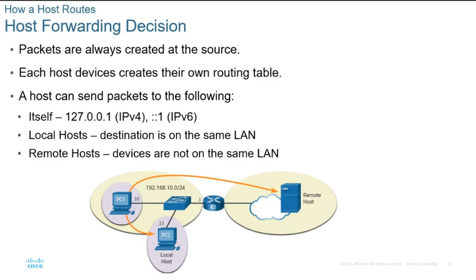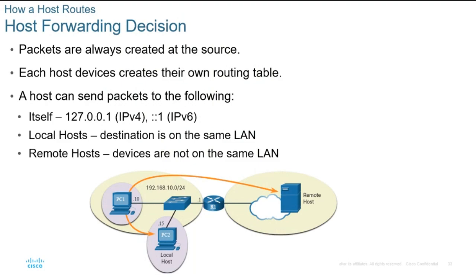And then, another role of the network layer is to direct packets between hosts. A host can send a packet to the following. First, itself: a host can ping itself by sending a packet to a special IPv4 address.